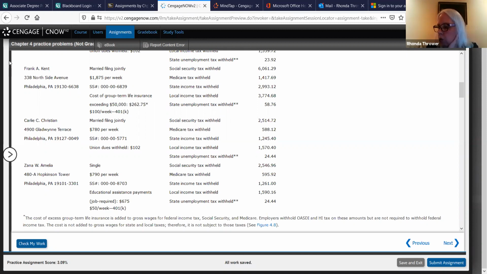So I would subtract that $100 to get the taxable wages for FIT. And the amount of that would be $1,775 per week. Once you have the $1,775 per week, you would multiply it by 52 weeks, because there's 52 weeks in a year. And that will give you 92,300.